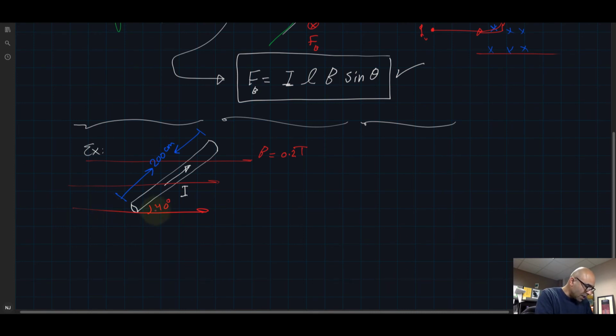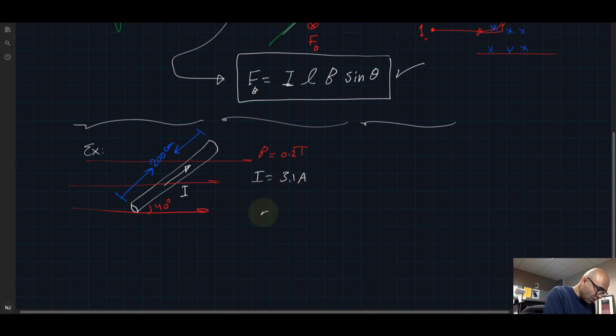As you can see, between the direction of the current and the direction of the magnetic field, there's a confined angle of 40 degrees. So now we need to find the force acting on this wire, knowing that I is equal to 3.1 amps.